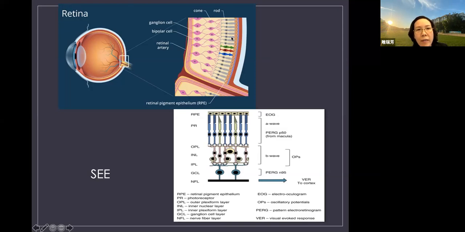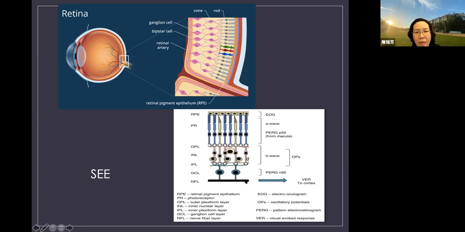The photoreceptor gets the light signal, transforms it into an electrical signal, and passes the signal to the bipolar cells, and the bipolar cells pass the signal to the ganglion cells, and the ganglion cells transfer the electrical impulses through the nerve fibers finally to the cortex. So the retina gets something, and we can see.